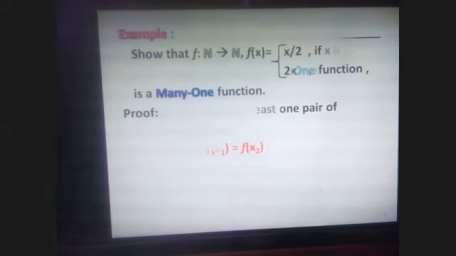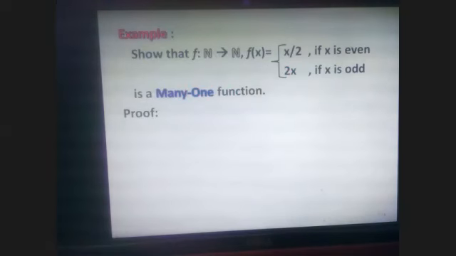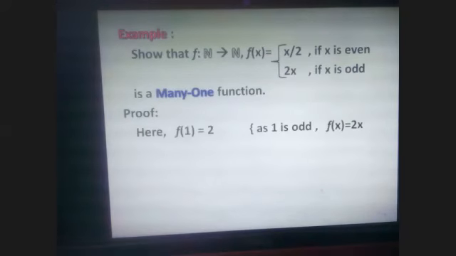Okay, we go for a simple example, f from N to N. I define f(x) in a slightly different way: x by 2 when x is even and 2x when x is odd. According to this, what is f of 1? 1 is odd, so f of 1 is 2, because when x is odd, f(x) equals 2x.